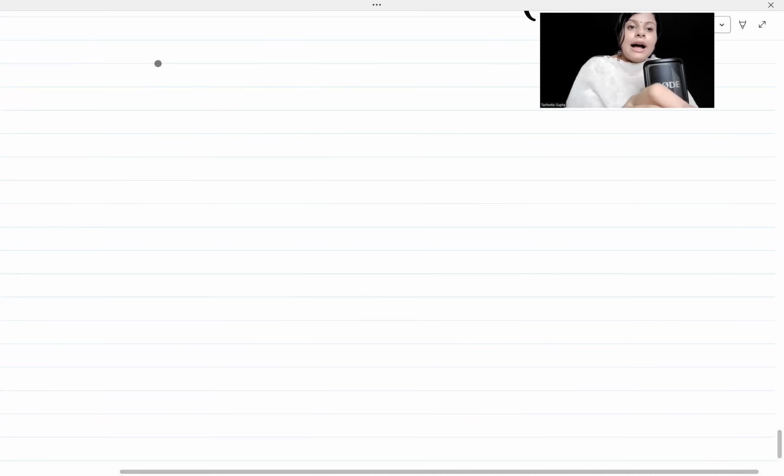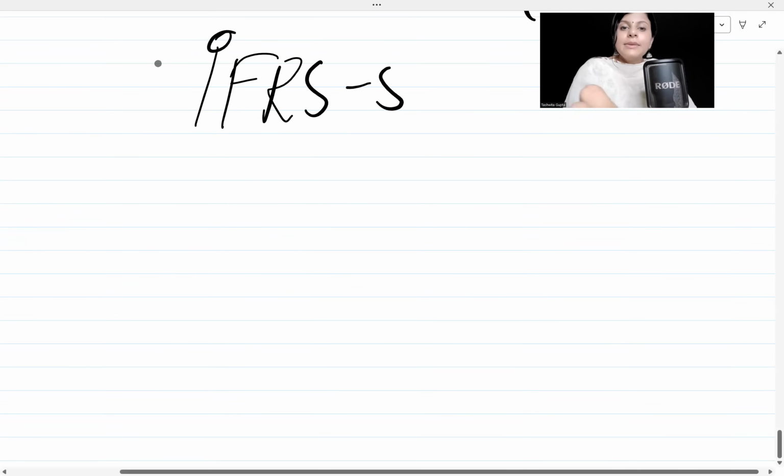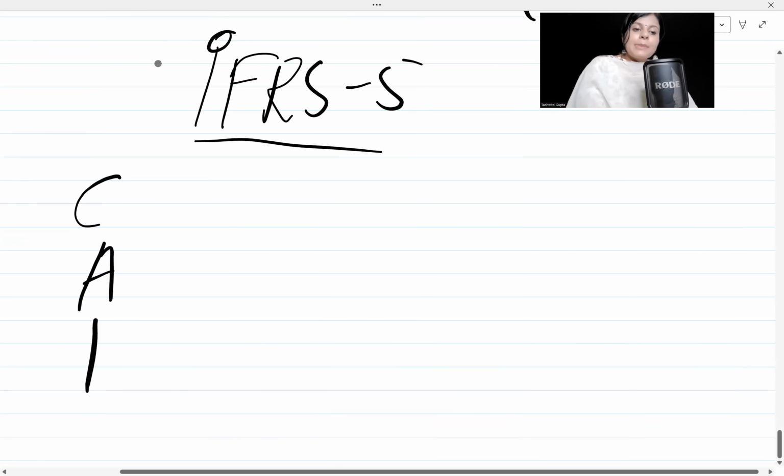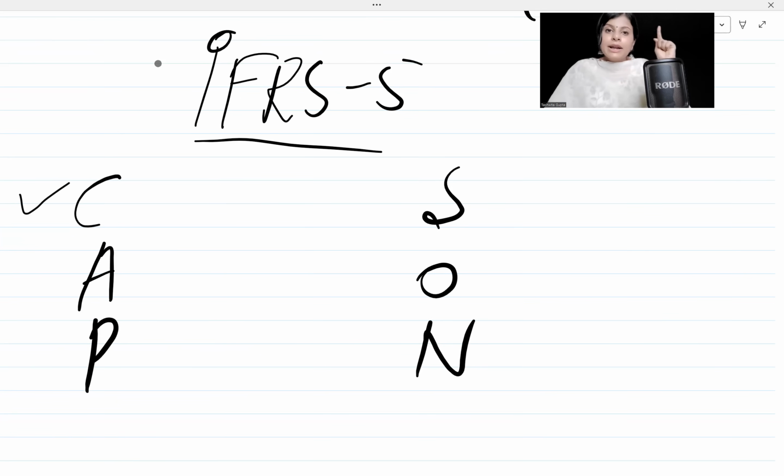Then you have IFRS 5, non-current assets held for sale. So here basically you just see whether the criteria are met or not. There are many nitty-gritties involved in the standard, but the basic is the criteria. Commitment to sell: is the management committed to sell the asset? Is there an active plan to sell the asset?